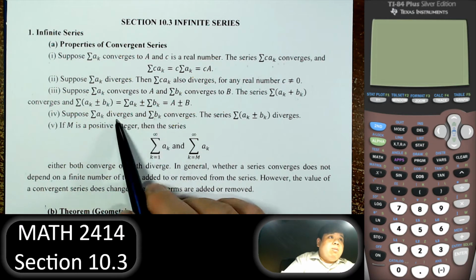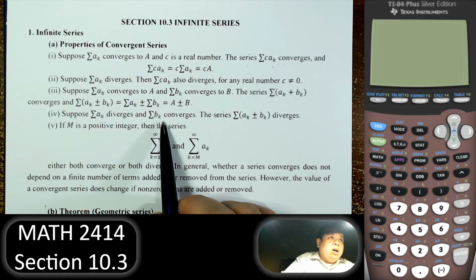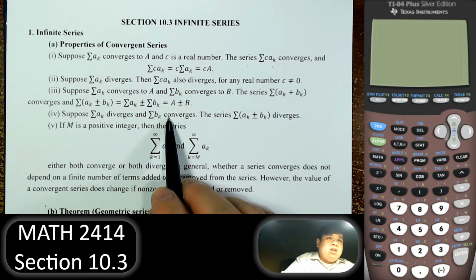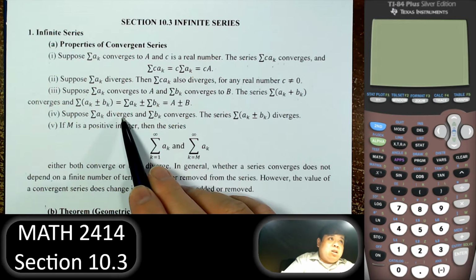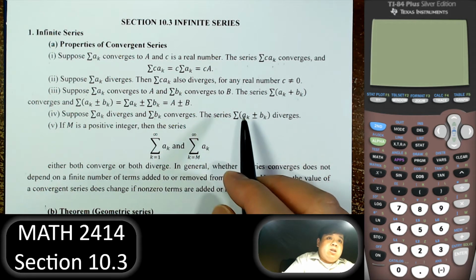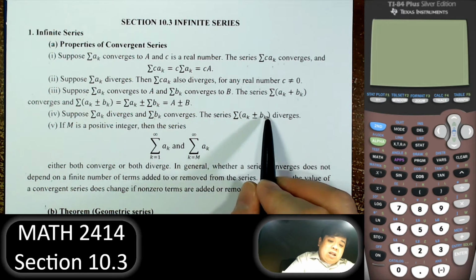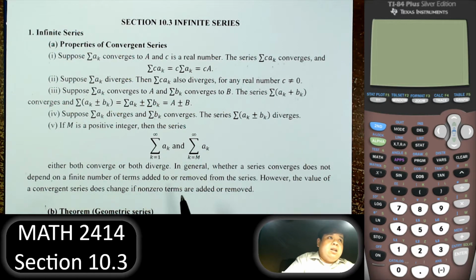If one of them converges and the other one diverges, or both diverge, meaning at least one of them is divergent, then the whole thing is divergent. So it exists only if both of them exist. That's what it is.